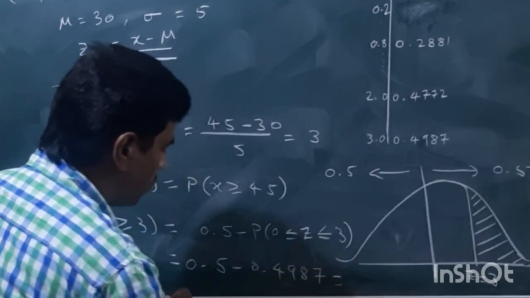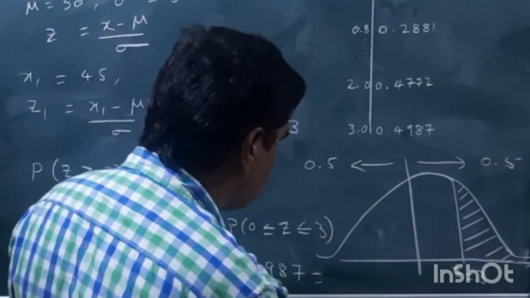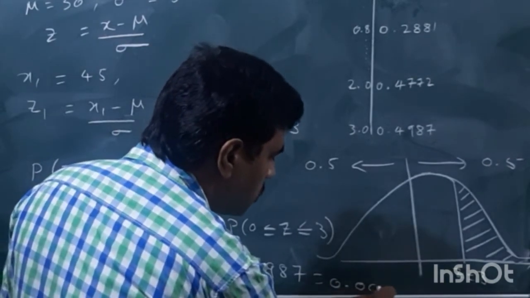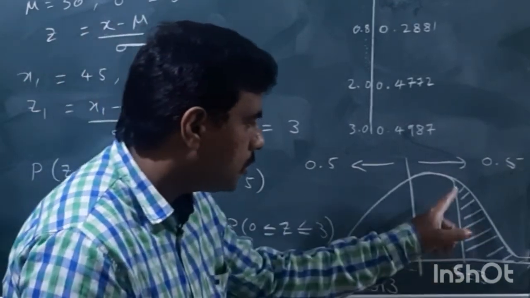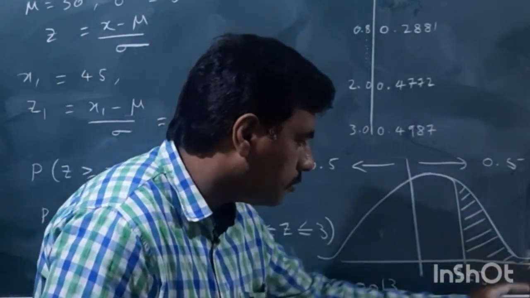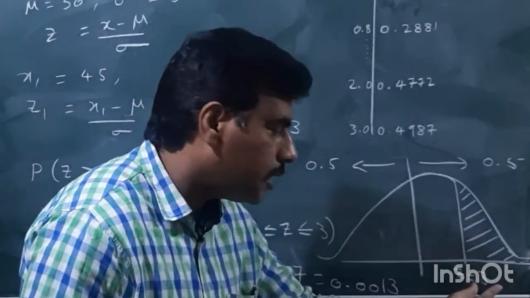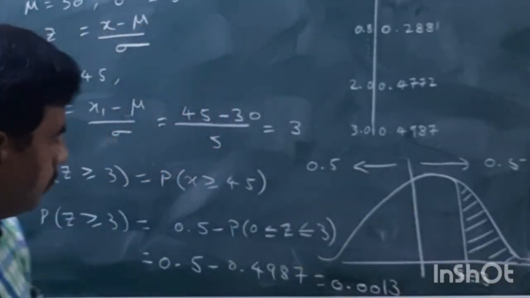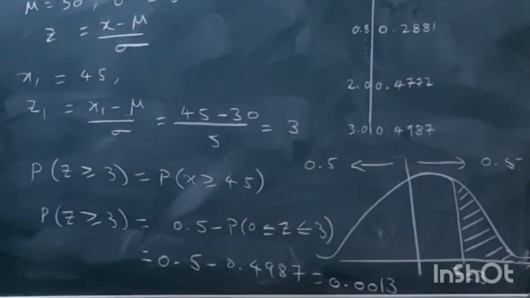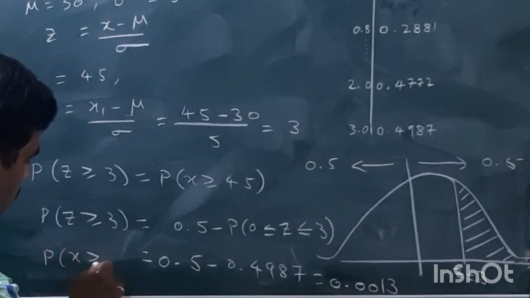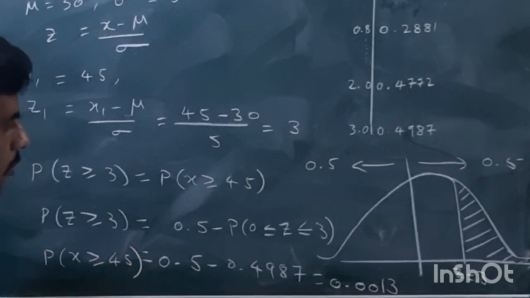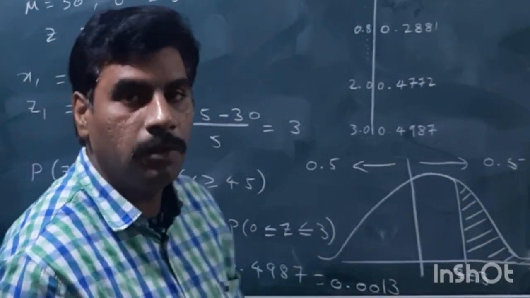This value is given by 0.0013. This is the area under this curve, that is when z is greater than or equal to 3. Therefore, the probability when x is greater than or equal to 45 is given by 0.0013.